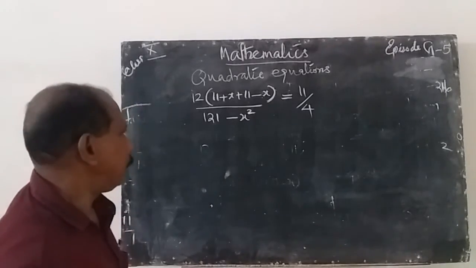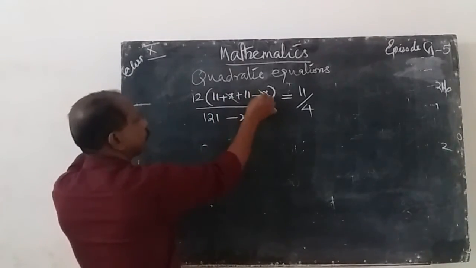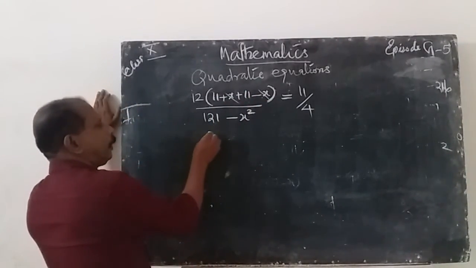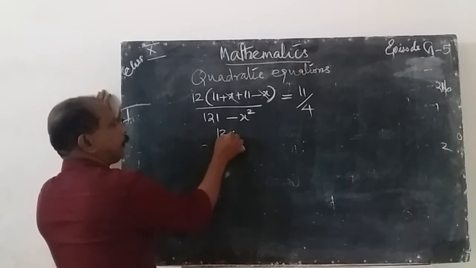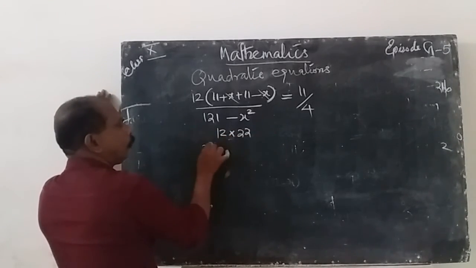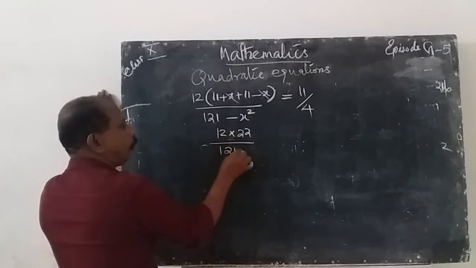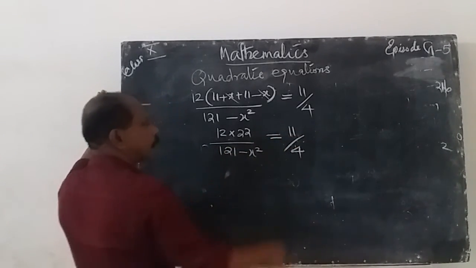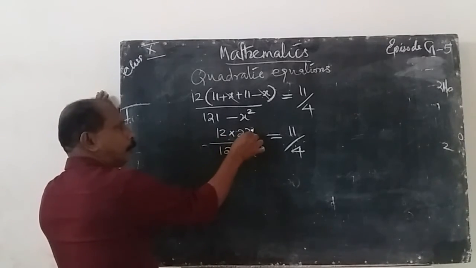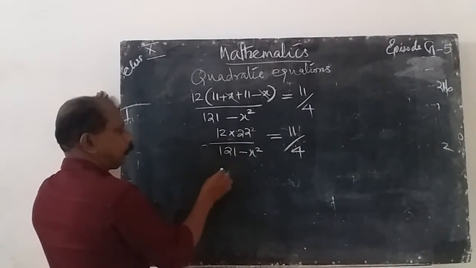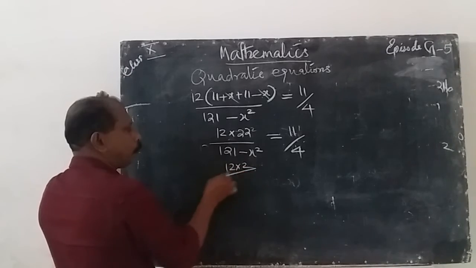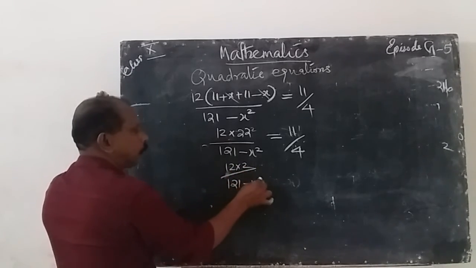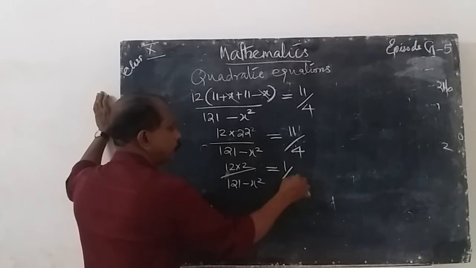The x cancels. That is 12 into 11 plus 11, 22 by 121 minus x square is equal to 11 by 4. Divided by 11, that is 12 into 2 by 121 minus x square is equal to 1 by 4.